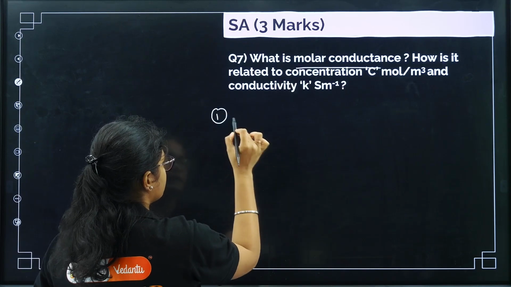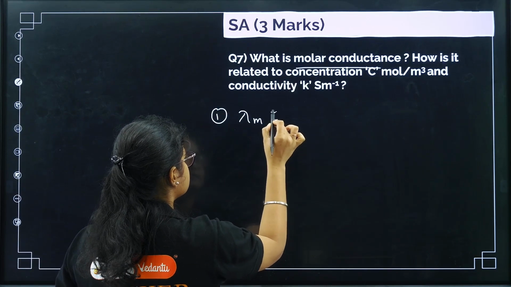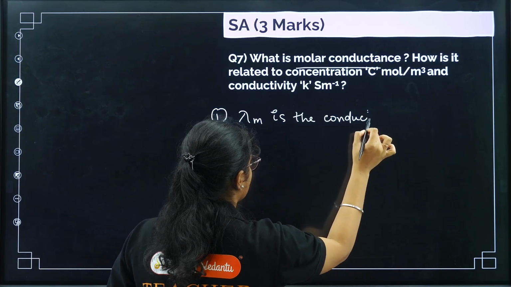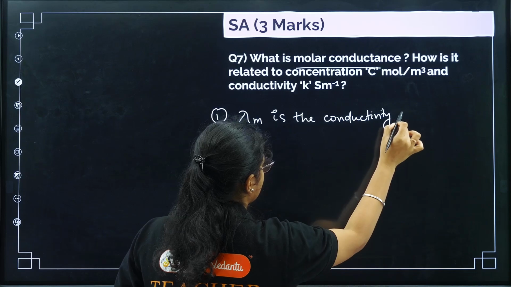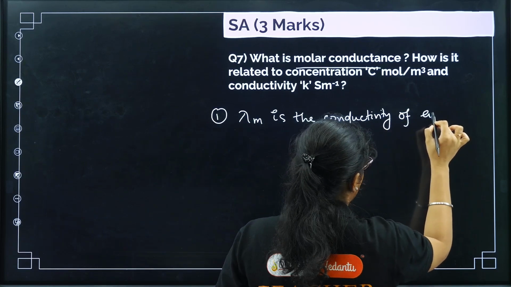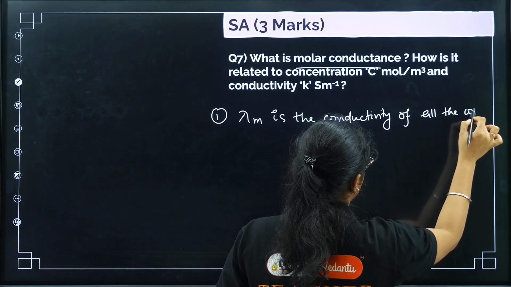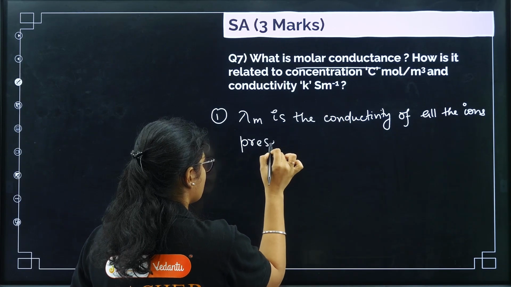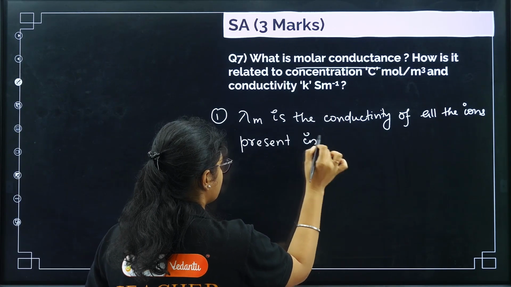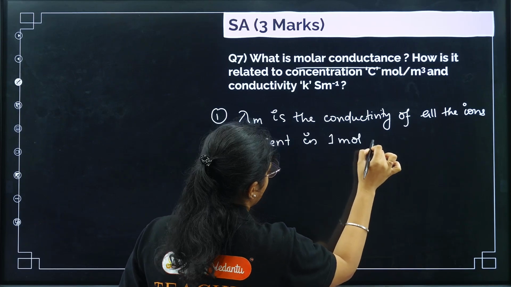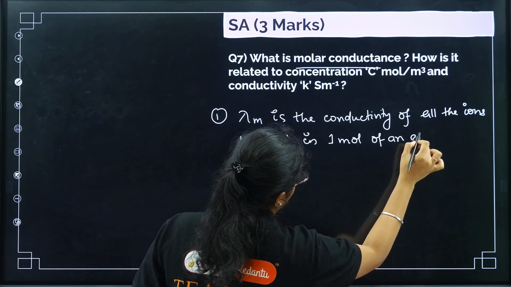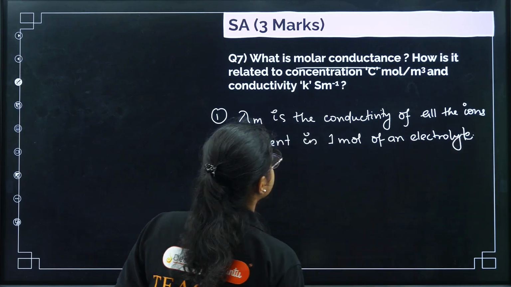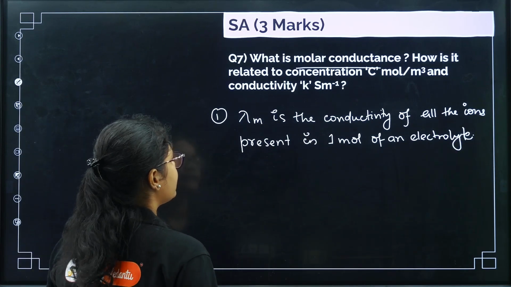Molar conductance is the conductivity of all the ions present in 1 mole of an electrolyte. Clear? Now how is it related to concentration?